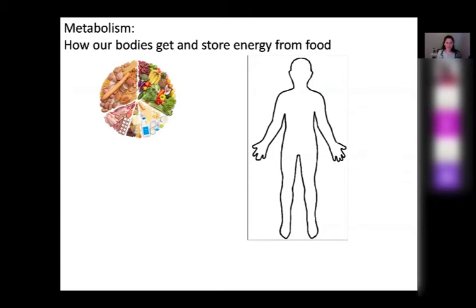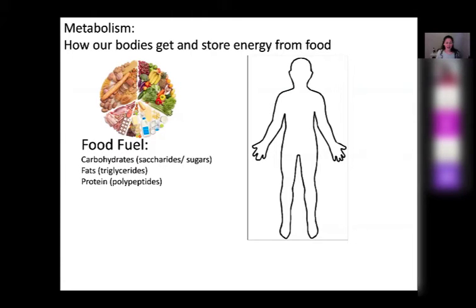So what we know now is that we have three major kinds of macronutrients that we consume. Those are the polysaccharides that we refer to as carbohydrates, the triglycerides that we often refer to as fats, and polypeptides that are the proteins that we eat.